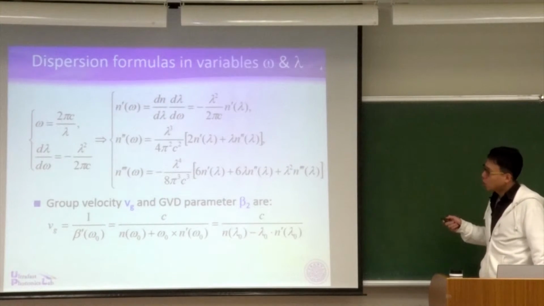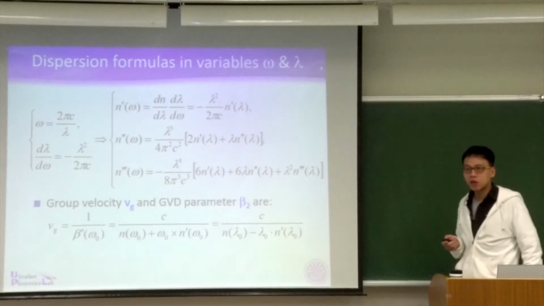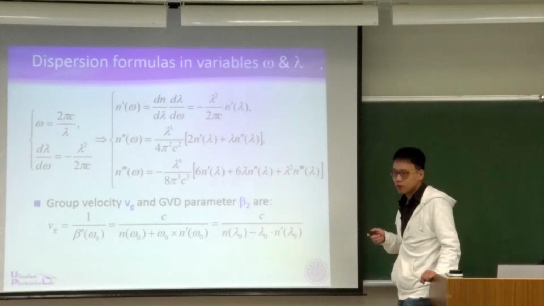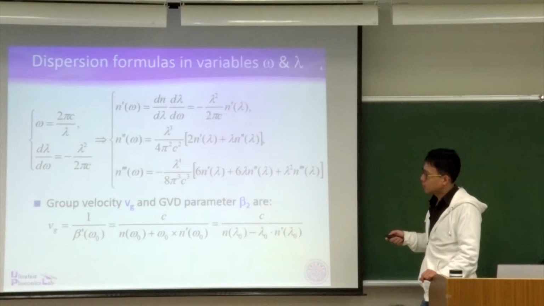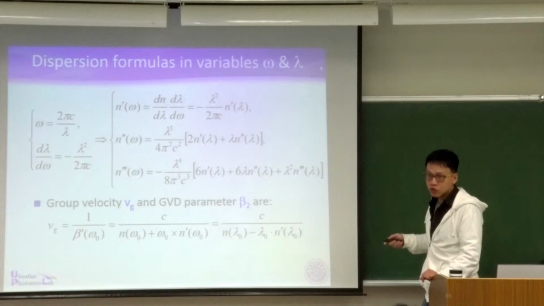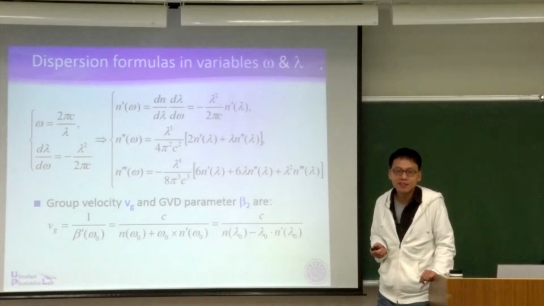Then how can we know these formulas are useful? Let's take a look at two examples: the formula for group velocity Vg and the formula for the GVD parameter beta 2. By definition, what is group velocity Vg? You have known this. It's 1 over beta prime, right?